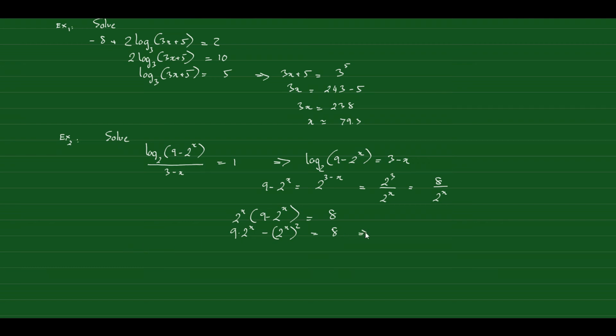I'm going to move it to the other side. So I have 2 to the x squared minus 9 times 2 to the x plus 8 equals 0.